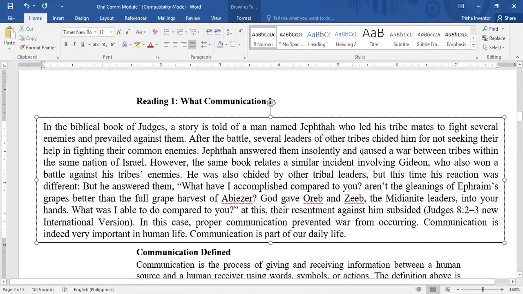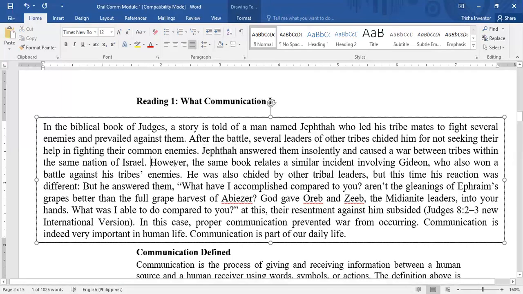As you can see in the story of Jephthah, there was a miscommunication, a conflict within the tribes, because Jephthah did not answer the people in a nice way. So wala niya gitarong o gamit ang communication.